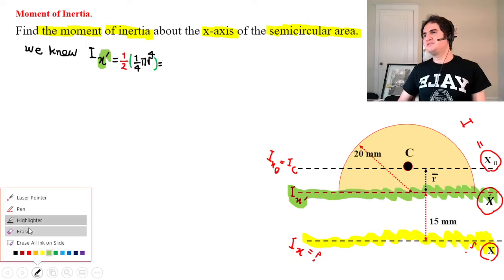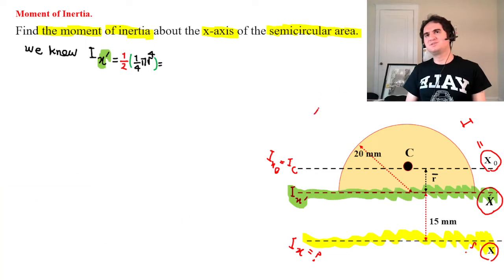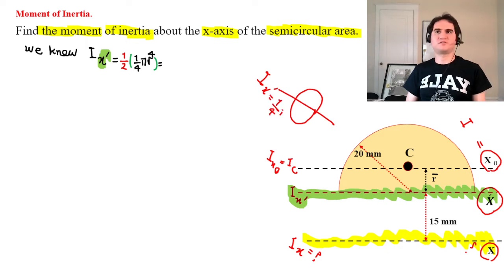Do you remember if we had a solid circle, Ix, if you call it x prime, Ix prime is 1/4 of pi r to the power of 4, and this is r.